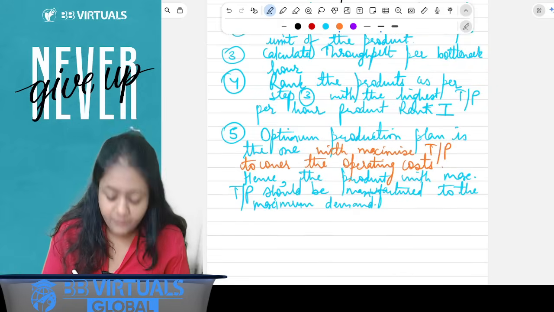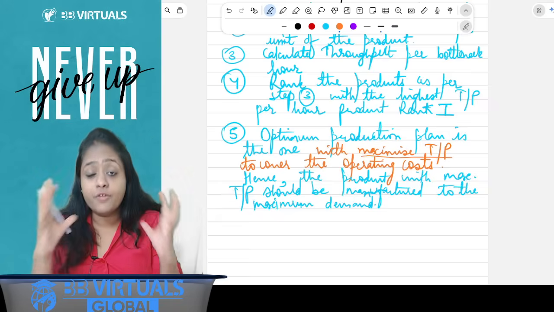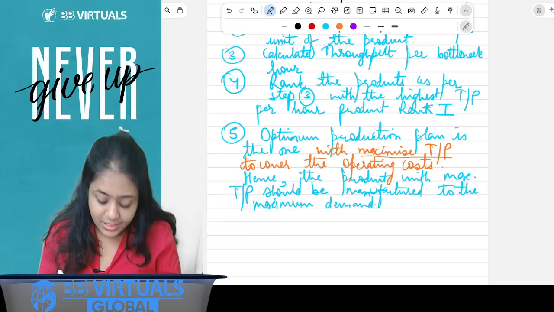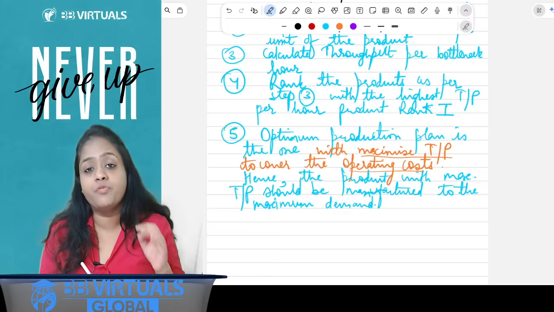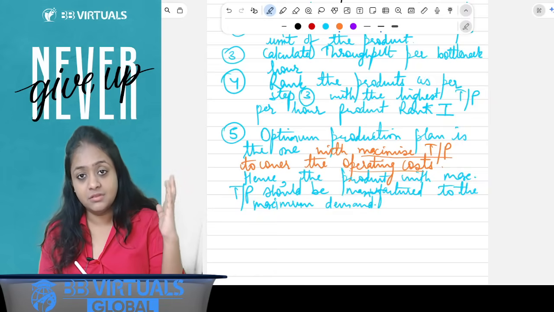Optimum production plan will be the one that maximizes the throughput overall for the entity so that it is able to cover sufficiently the operating cost. Hence, the product with maximum throughput will be manufactured to the fullest, then the next rank, then the next rank.